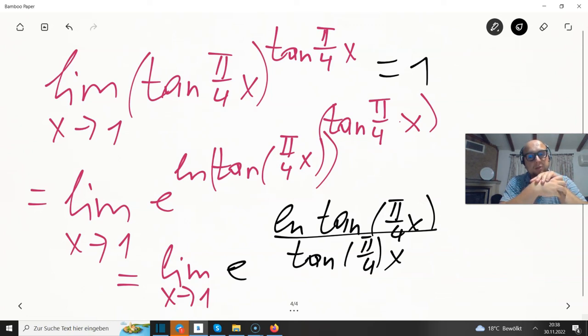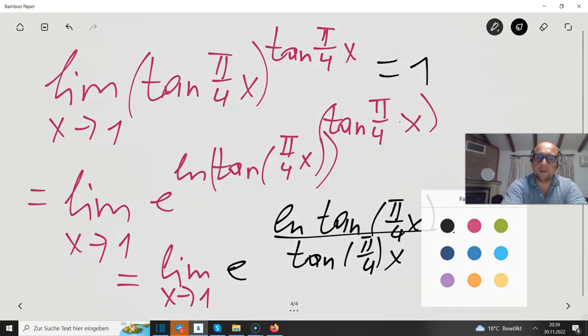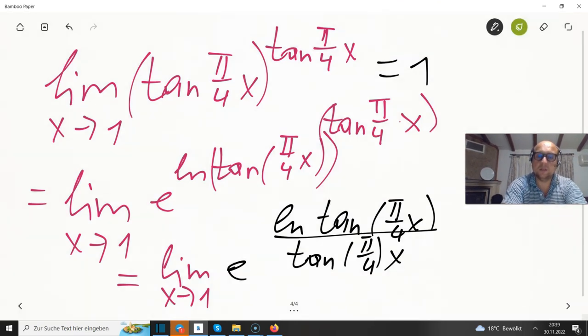So if x is approaching 1 in this case, I would have 0 and e to the power of 0 is 1. So there is no need for L'Hopital. Really, I just don't want to do this. It's going to be 1 divided by tangent if I derive it, right? And then times the derivative of tangent. No need, truly. I don't know why it came in this book, but let's keep it this way.